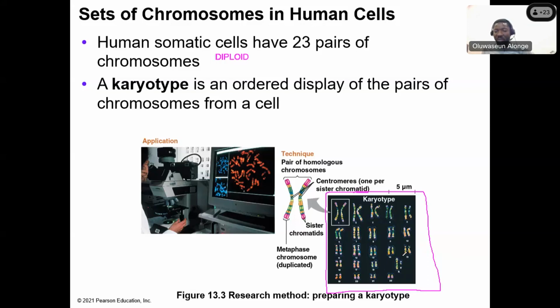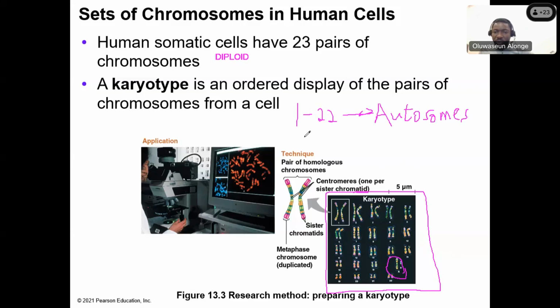At position 23, that is where you have the sex chromosomes. So chromosomes 1 to 22 are, we call them, autosomes rather. So we call them autosomes.